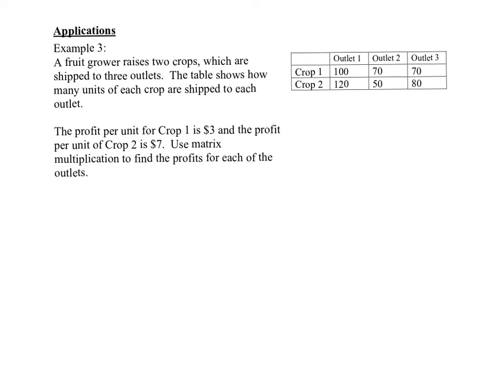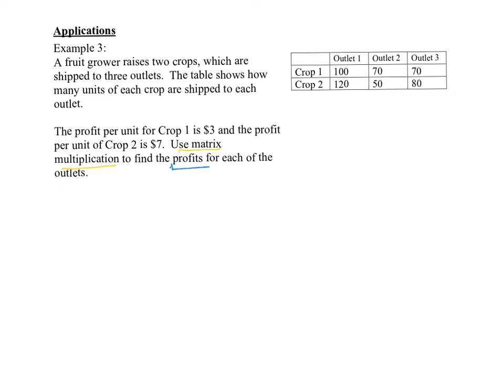Here's the table. Okay, the profit per unit for crop 1 is $3, and the profit per unit of crop 2 is $7. Use matrix multiplication to find the profits for each of the outlets. Okay, I'm going to look at the question first because I want to think about what I want my result to look like so that I know how to set up my multiplication.